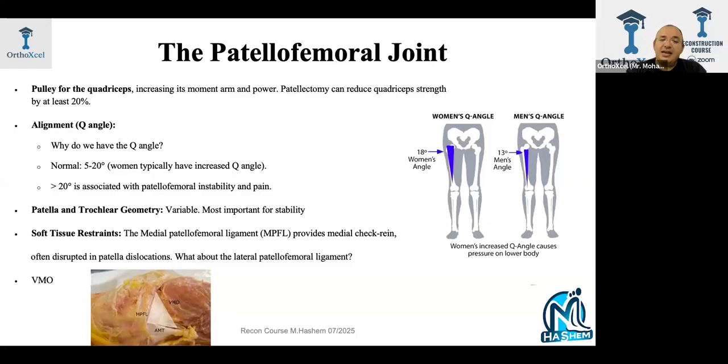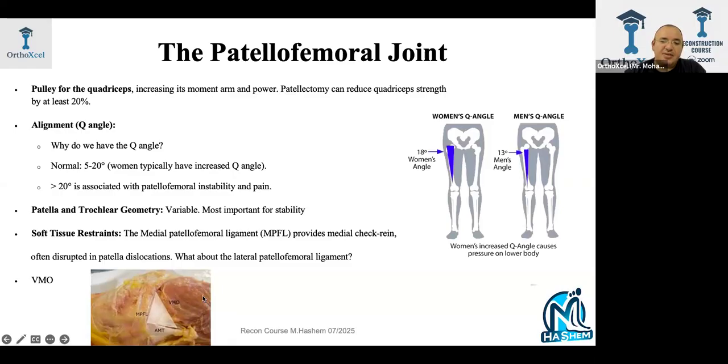With every patellar dislocation, the first structure you need to look into on the MRI scan is the MPFL. The MPFL is one of the main restraints to stop lateral patellar dislocation or subluxation. After the ligament, the second thing is the muscle, which is the VMO, or vastus medialis obliquus.